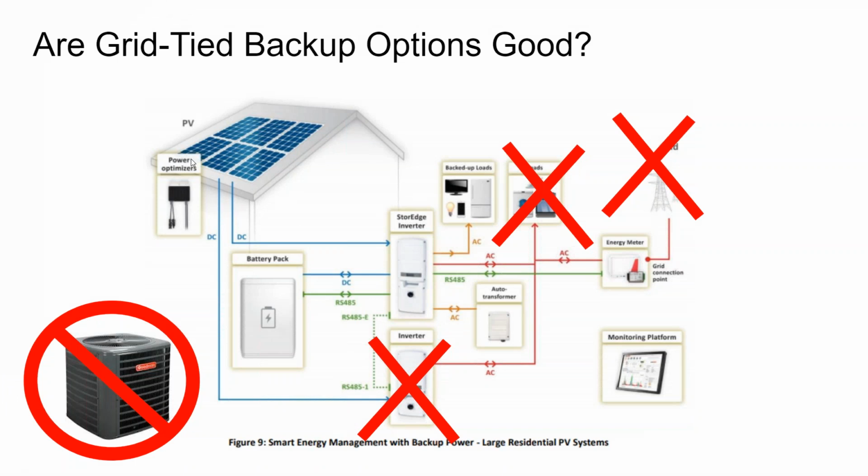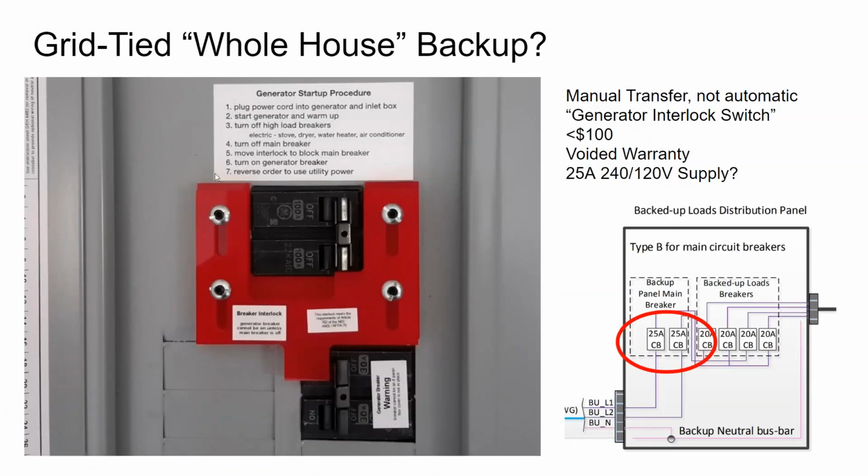Instead of wiring the output of this inverter to a critical load panel, you could install an interlock switch and wire the critical load panel to the top of your service panel. And what that would do is, if you had a solar inverter landed on the panel here that was a batteryless inverter, this is off, this turns on, and it turns your solar array on.